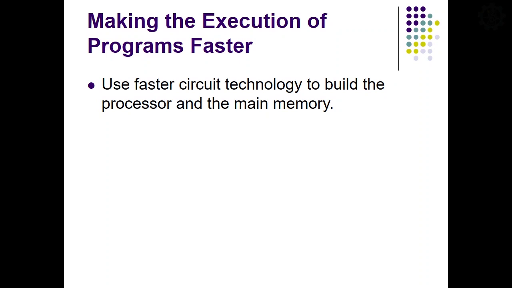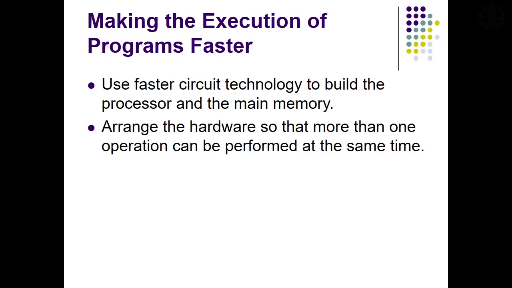For that, we can use faster circuits for each part like the ALU and other circuits. Otherwise, we can execute multiple instructions in parallel, arranging the hardware so that more than one operation can be performed at the same time.